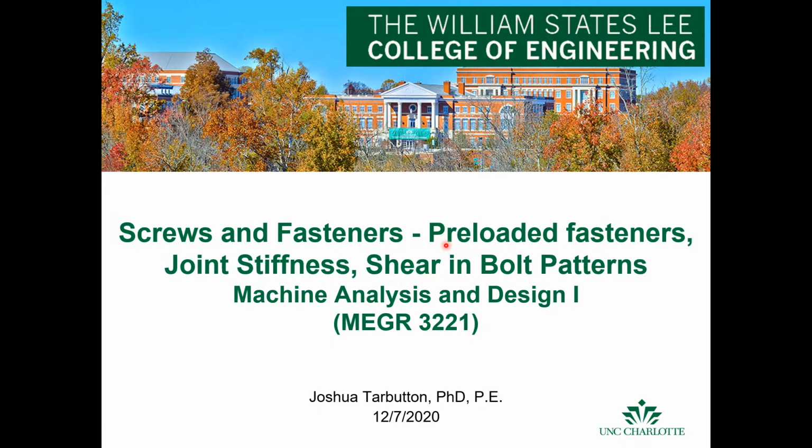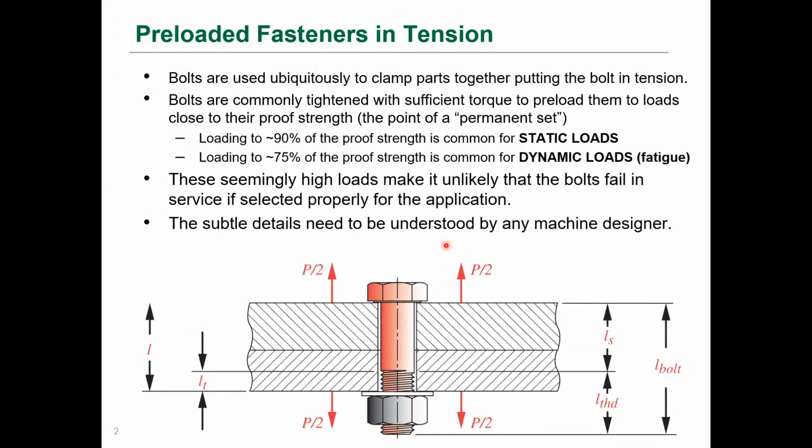And so I have a bunch of slides which I hope will make it a lot more clear, so that when you design with bolts, and there's, as we said earlier, over 2 million bolts in a Boeing 747, and they're used everywhere, then you will at least understand the preload and the importance of the preload against fatigue and other loads that you'll find in a system.